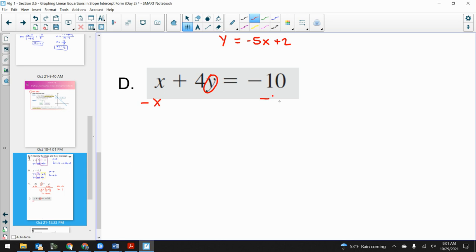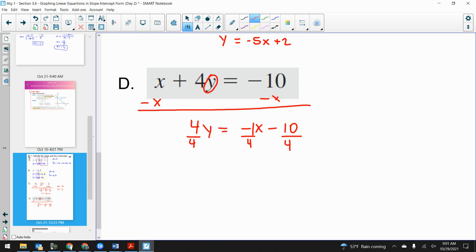Subtract x. So that gives me 4y is equal to -x minus 10. Notice that I put the x first. Now I divide by 4, and everybody gets divided by 4. Now, I'm going to do something a little tricky.